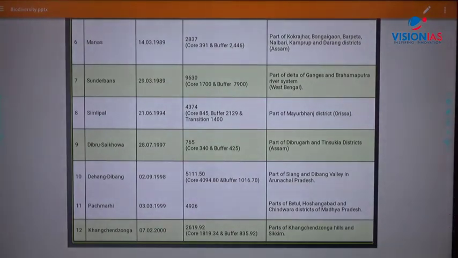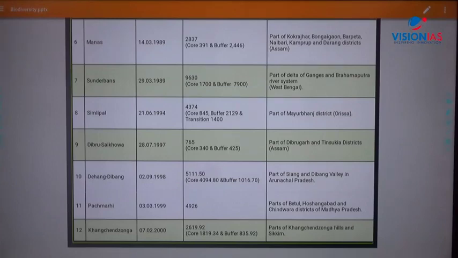Manas Biosphere Reserve is located in the state of Assam. Which part of Assam? Simply knowing Assam doesn't serve the purpose. Kokrajhar, Bongaigaon, Barpeta, Nalbari, Kamrup, Darang. All of them are lower Assam districts.